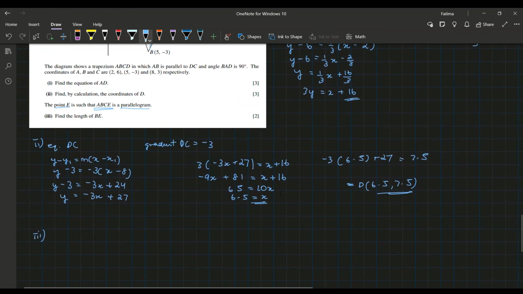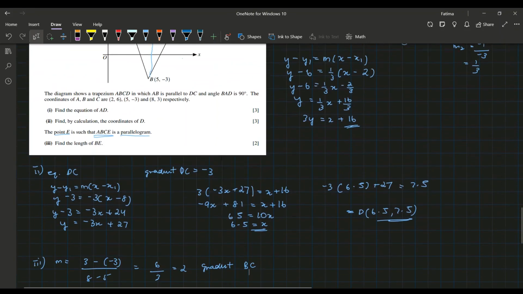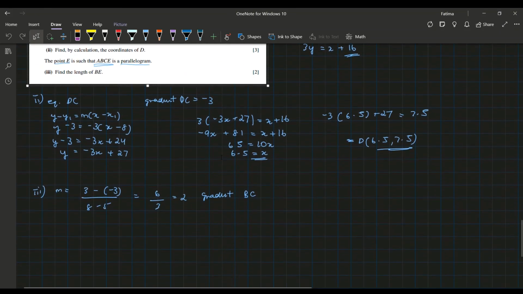So it will be 3 minus negative 3 upon 8 minus 5. So that's 3 plus 3, which is 6. 8 minus 5 is 3. So 6 by 3 is 2. So the gradient for BC is 2. Because the gradient of BC is 2, the gradient of AE is also 2.